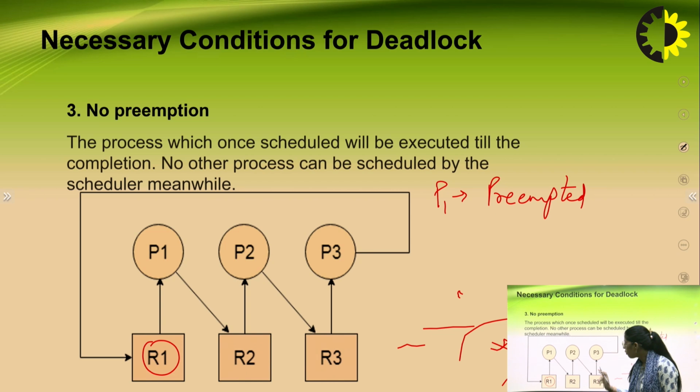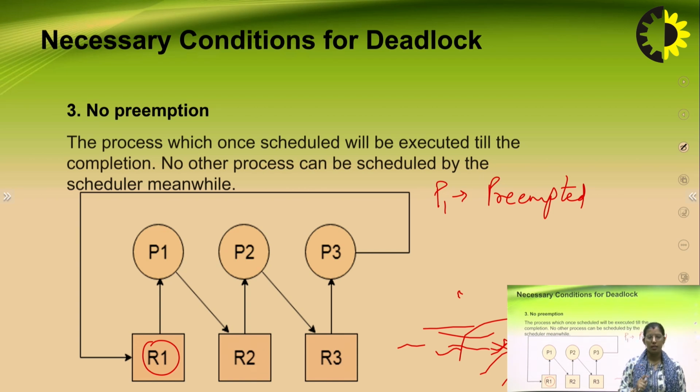When P2 learns that R3 is available, the completion of this process also follows, and after releasing R2, P1 gets the R2. So here we can see that if all these three processes can be preempted at different times, then the situation of deadlock is not happening.